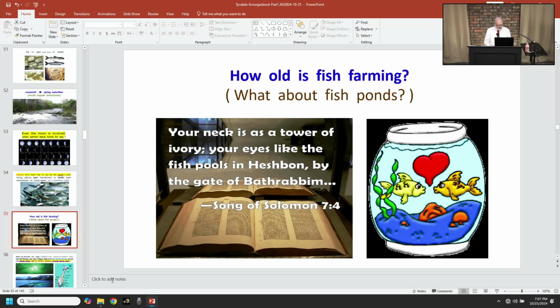Now, I'm not sure what's so romantic about someone's eyes looking like pools of fish in Heshbon. So I guess that's just one that I missed. But anyway, have any of you ever been told that your eyes look like fish pools? No, okay. I just wondered.